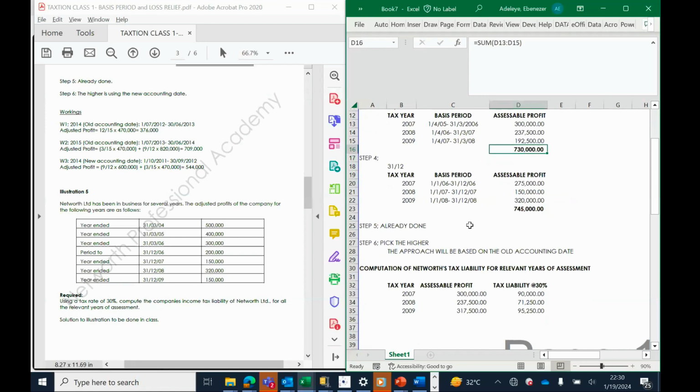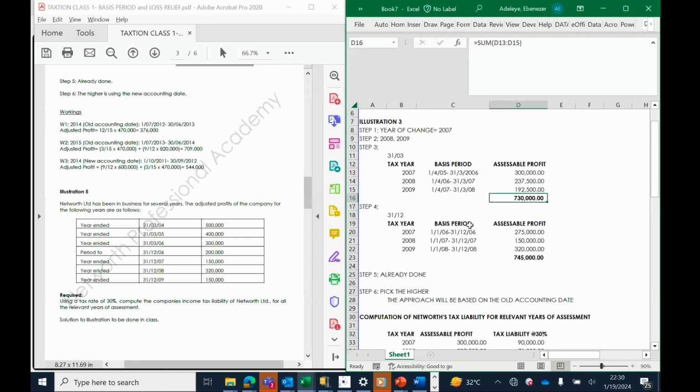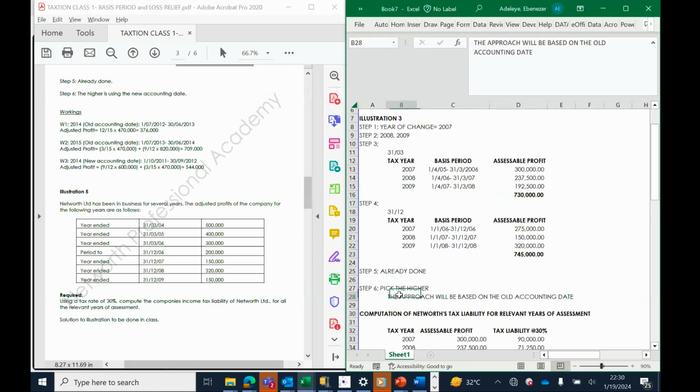Based on this, can you see that we have made a mistake? So it will still be on the new, all right? Because the new is higher. Am I communicating? That was a mistake. I mistakenly pressed 820 instead of 320.